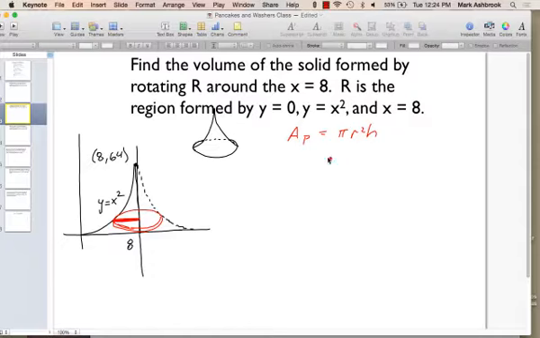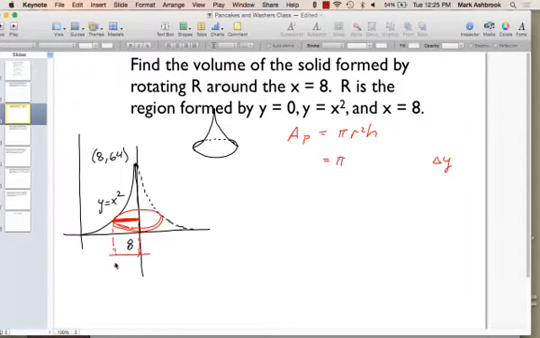Okay, let's do our height first. That's the easy part. What's the height? Change in y, right? The height is a little change in y, so delta y. Now the radius. Is it an x coordinate, a y coordinate? Change in x or change in y?